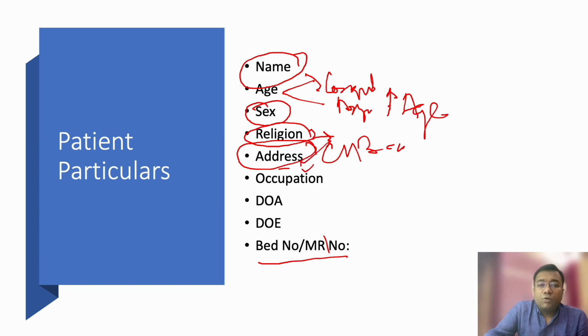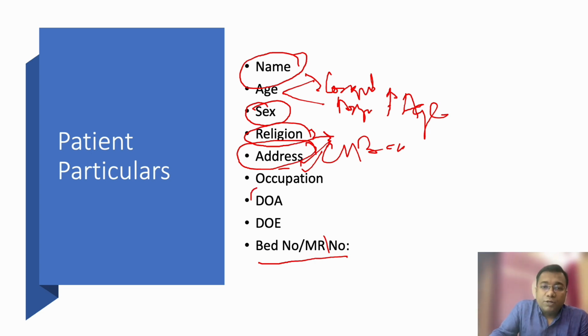Not only that, whenever you are planning a therapy for the patient, you need to know how far the patient is staying. If the address is far away, you may have to plan certain things which will help the patient take the treatment here and go back to their own place. So the distance between the hospital and the patient's residence is also important.